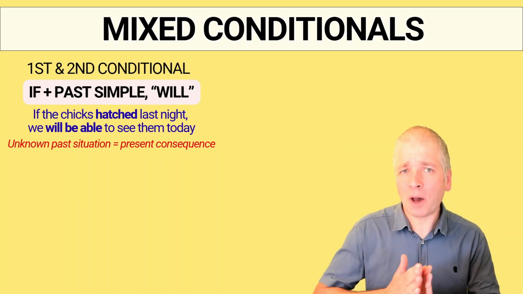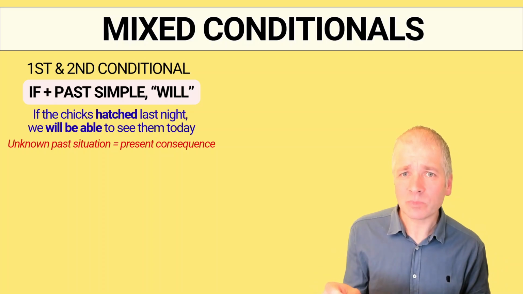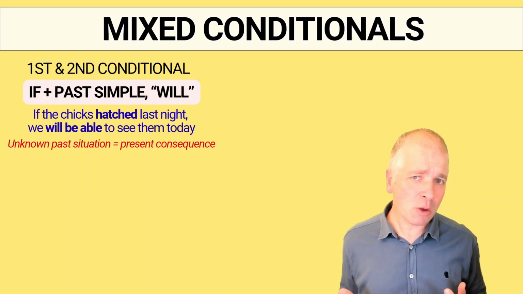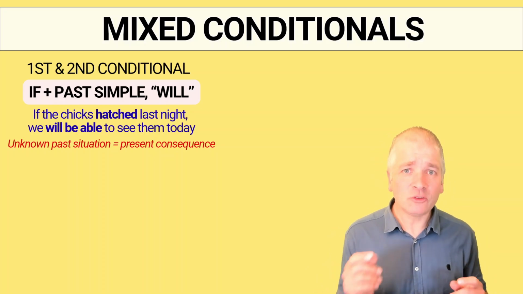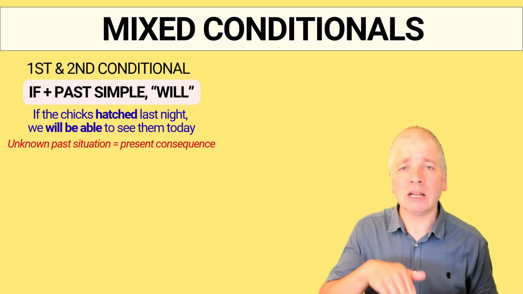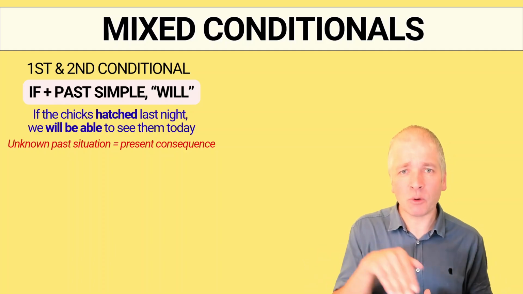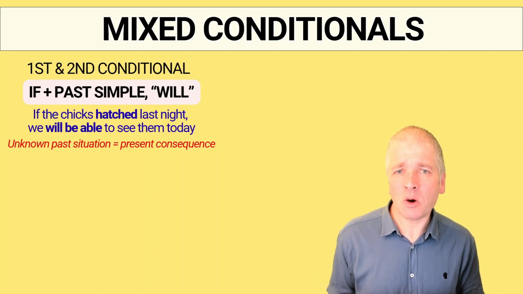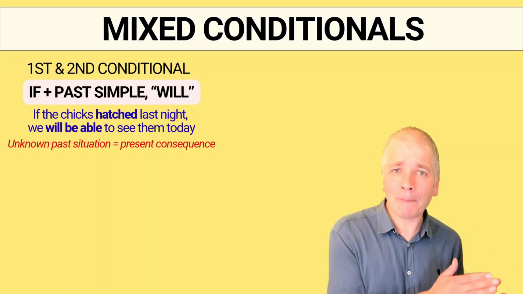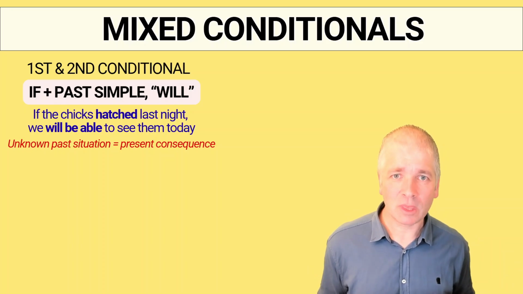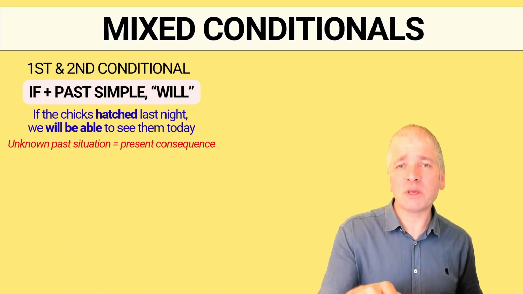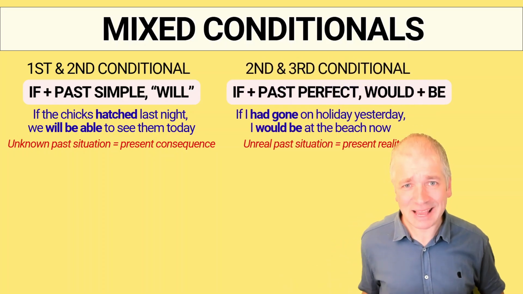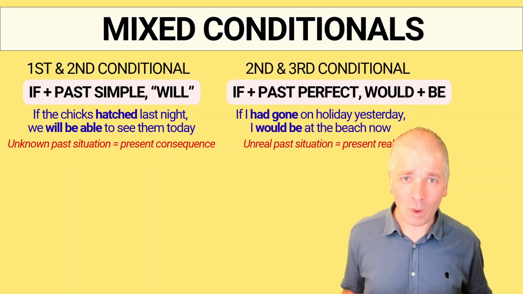And if the unknown past situation is a certain way, then that leads to a present or future consequence. So it would still be appropriate here to use will in the second clause because will indicates a present or future consequence. What does it depend on? It depends on something that has already happened, but we simply don't know about it. So we use the past simple for this particular use. Also, we can mix the second and third conditional in different ways.